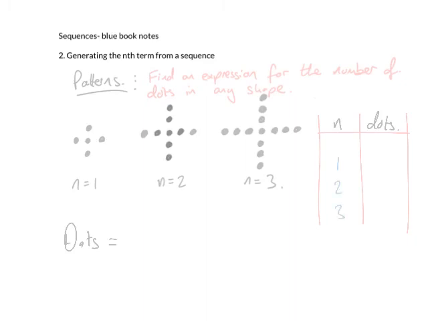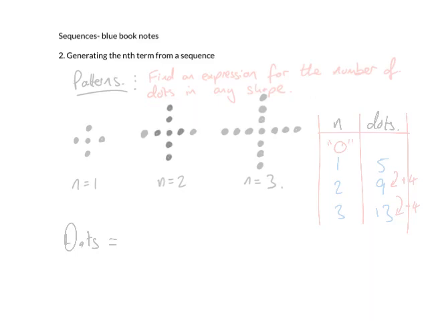So if we count up the first one, we're looking at 5 dots in the first pattern. So 5 goes into our dots column, 9 dots in this pattern, and 13 dots in our final pattern. So we tabulate our data, and we're ready to do exactly what we did on the previous example. We're adding 4 each time, and so it's going to be 4n.